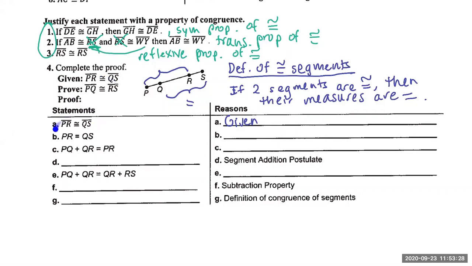So I'm going to write from step A to step B, I'm going to drop the congruence symbol and write equals and drop the segment symbol to not include that in here. So PR is equal to QS. From something that we just discussed, why do I know that if PR is congruent to QS, I then can conclude that the measure of PR is equal to the measure of QS? Not given.